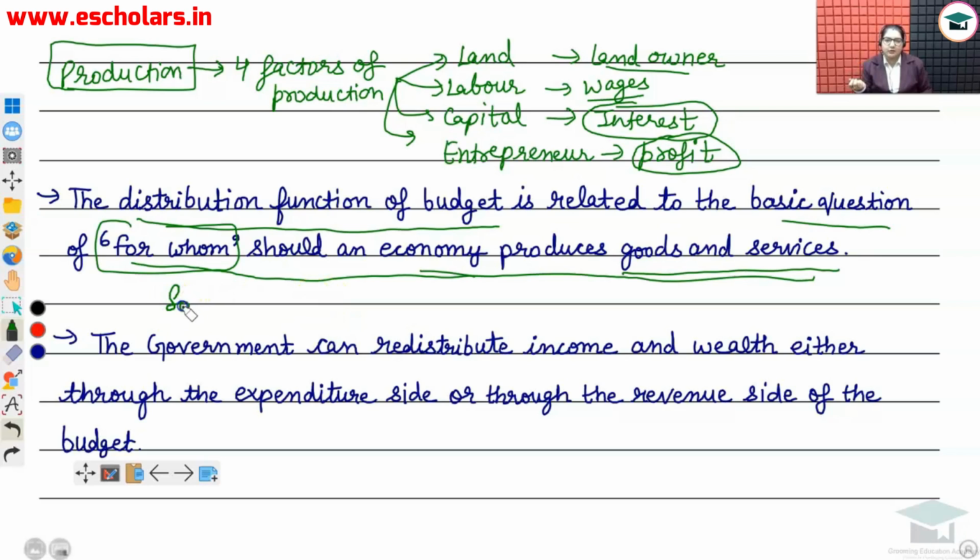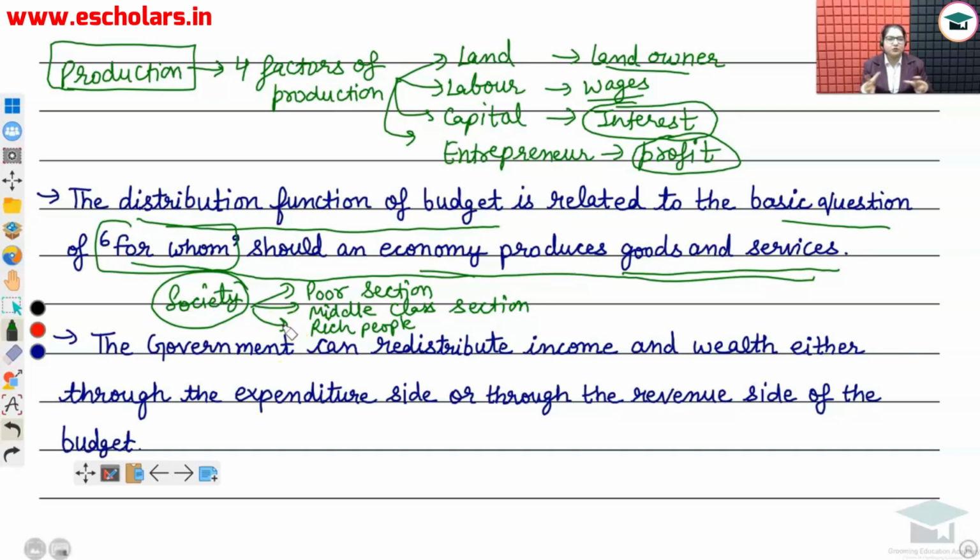Basically, we know that our society is divided into three major sections. One is the poor section, or you can say the economically backward section. Another one is the middle class section, that is the people having moderate financial status, and the rich people, or you can say the rich section.